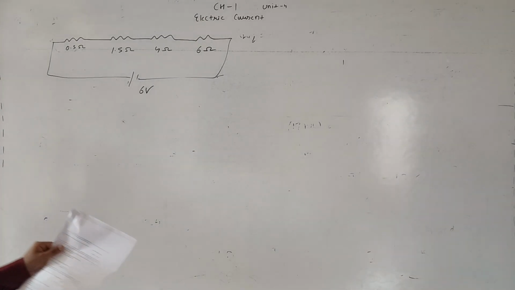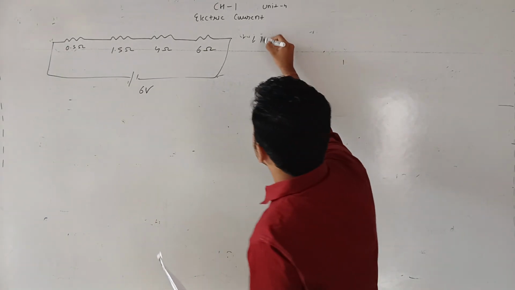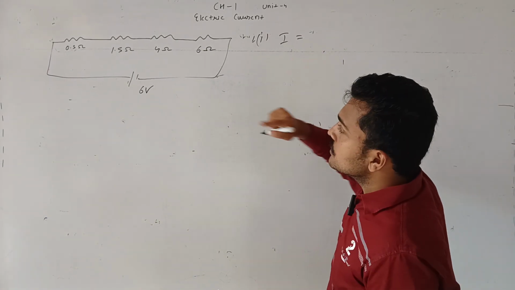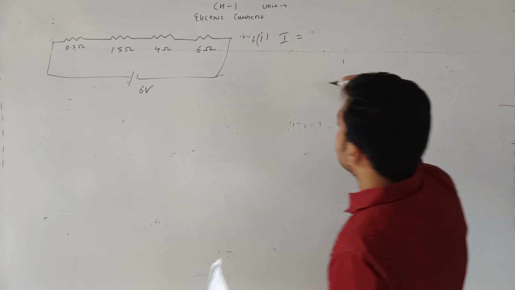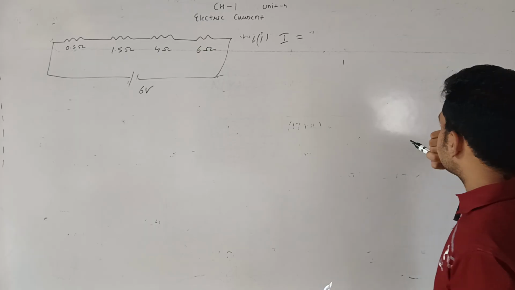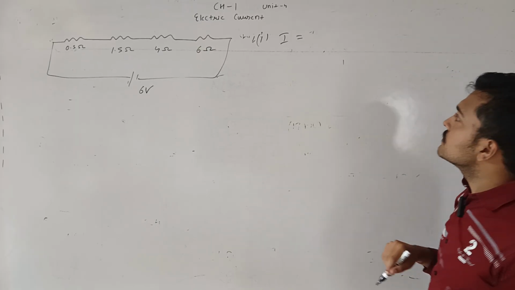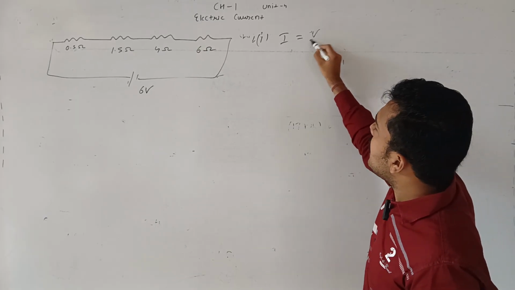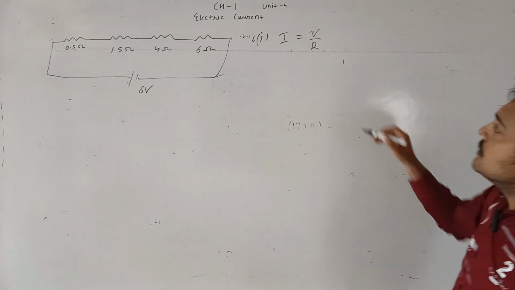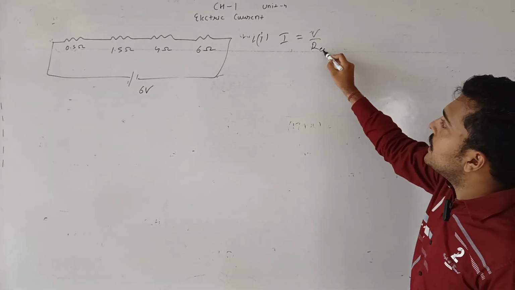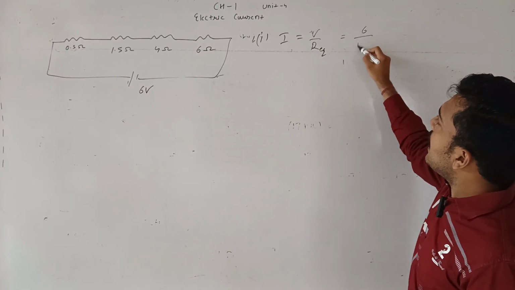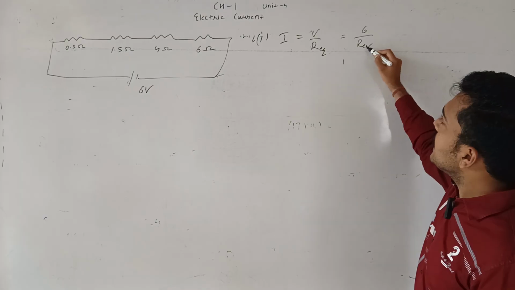To find the current we have to find the equivalent resistance, because V is equal to IR, so V upon R is equal to I. So we get V, which is 6, upon R equivalent, equal to I.